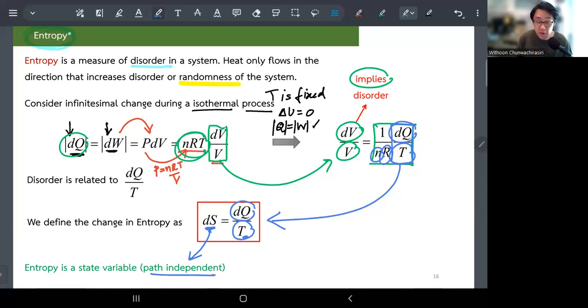And that's what we love about energy. You don't have to tell me how I bring my mouse from the bottom of the screen to the top of the screen. You can do zigzag, you can move diagonally, you can go in a circle. Doesn't matter. I only care about the initial point and the final point. Entropy has this property. Isn't that cool?